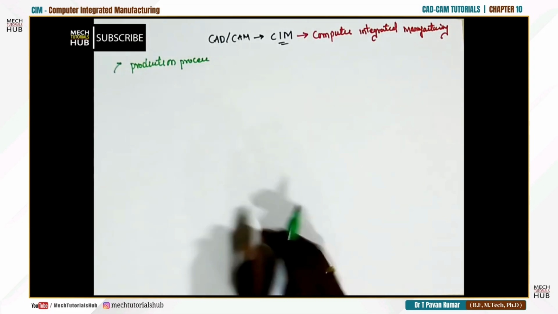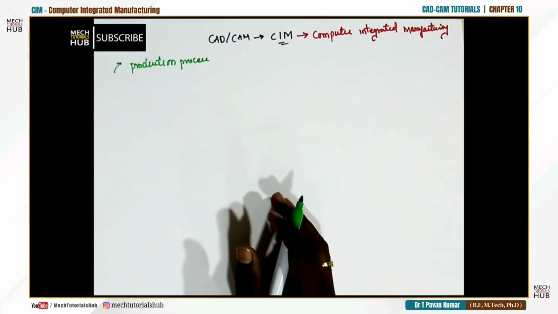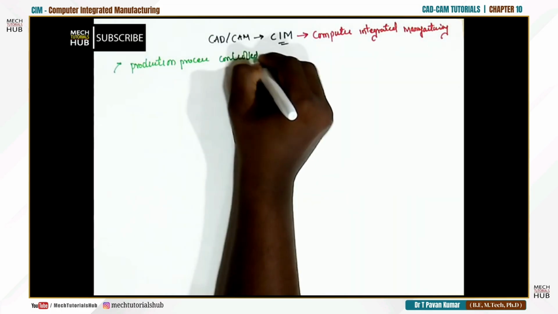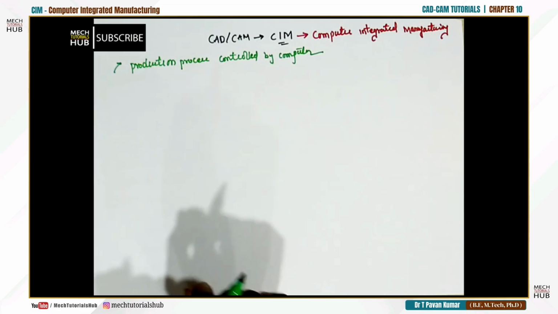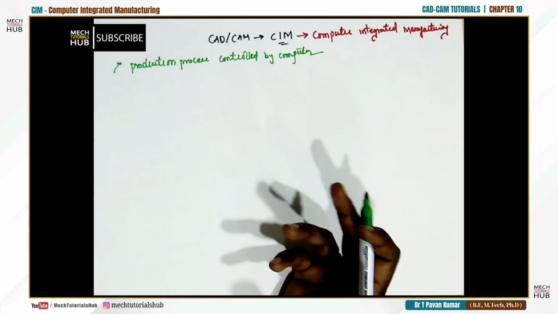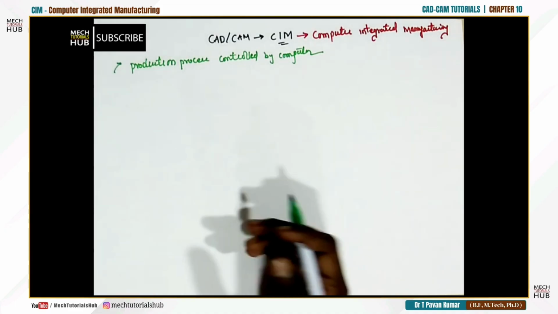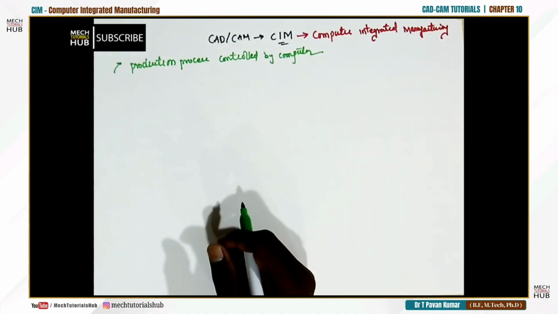Every piece of information in the entire production process can be controlled by using a computer. Now integration allows individual processes to exchange information with each other.